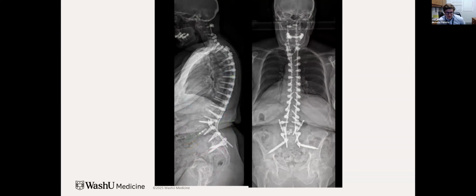And then you can see how that turned out with the satellite construct and spanning rods. And this was, as you could imagine, tough for her to recover, but she's over 6 months in, walking, still with a walker, but walking, and has really minimal, if any, pain. So it actually turned out fairly well.